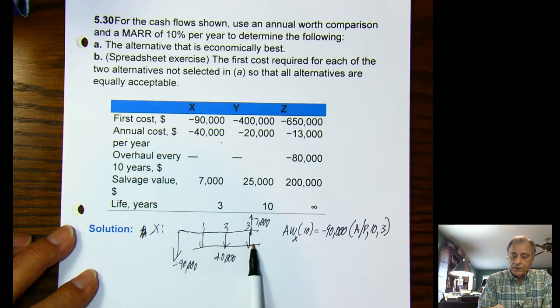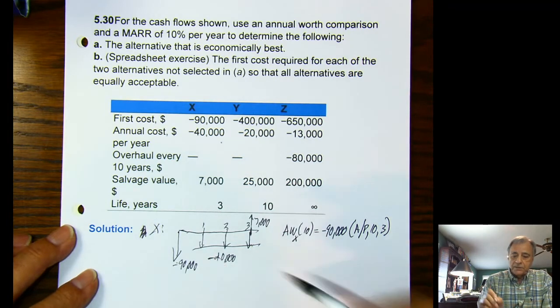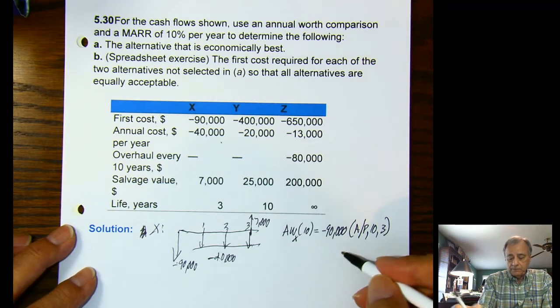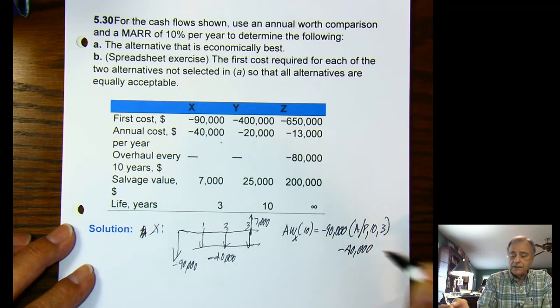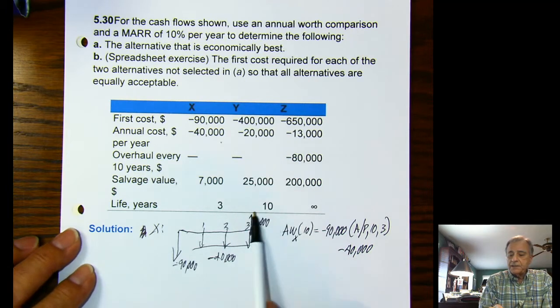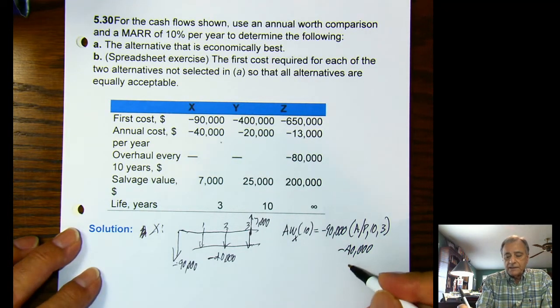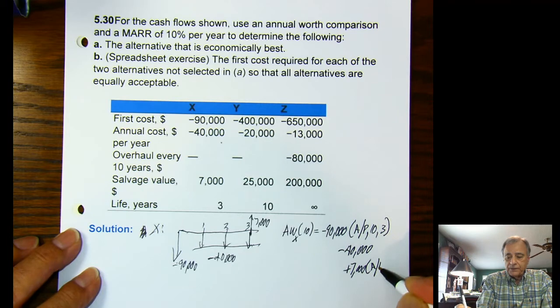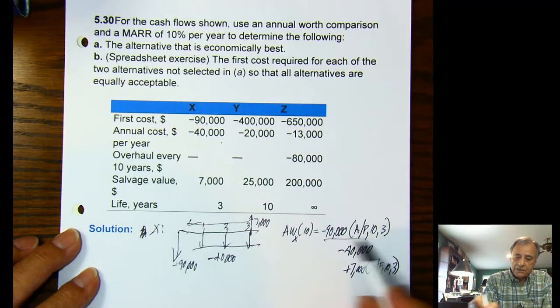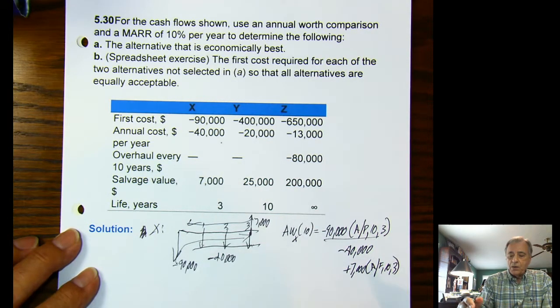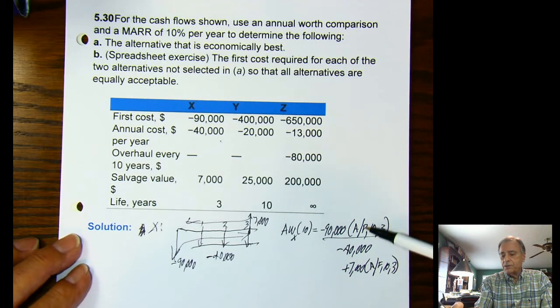The minus 40,000 is an annual series, so I don't have to multiply that times anything, just add it in. And then I have a plus 7,000 sitting out here. That's a future value, and that's a plus value, plus 7,000 A given F, 10% for 3 years. So that's spreading this back, and this one is spreading this forward. All of these now are uniform series for 3 years.